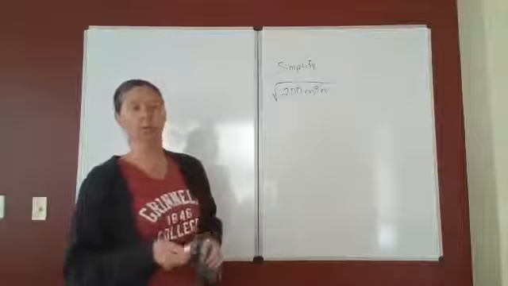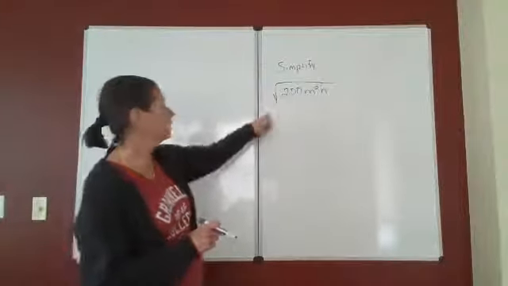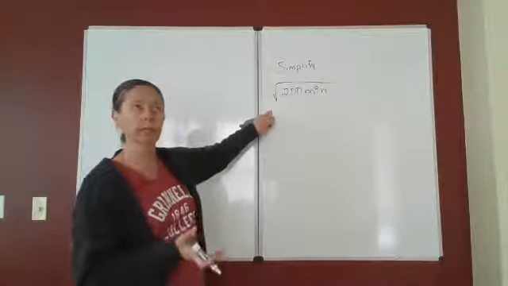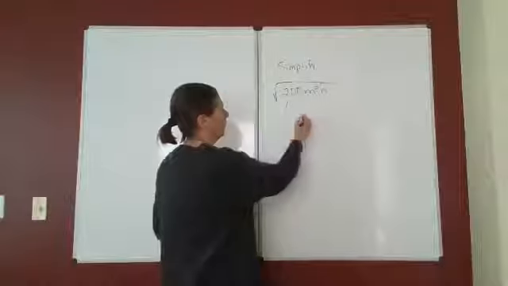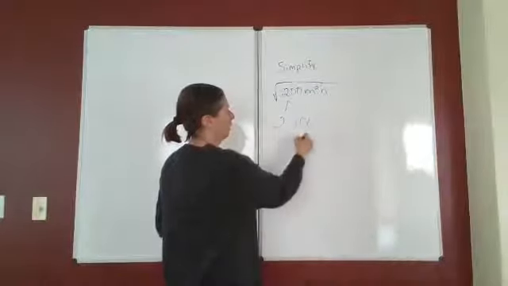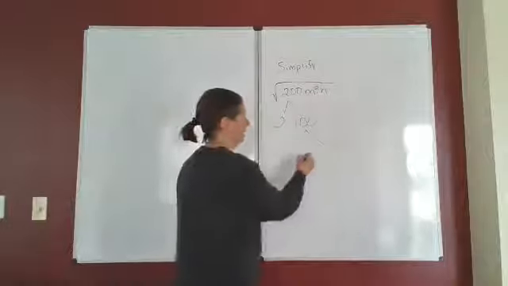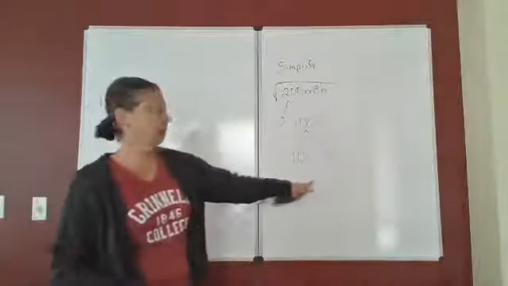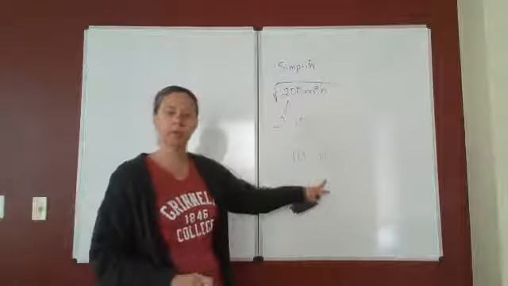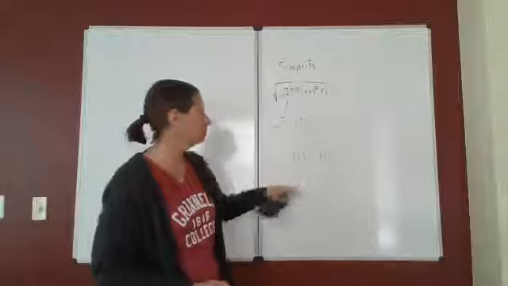So in order to find the perfect squares, we also need to find all of the factors. So our factors of 200, we can break 200 into 2 times 100, and then we can break 100 into 10 times 10. So now we know that we have got 10 times 10 as a perfect square underneath our square root symbol.